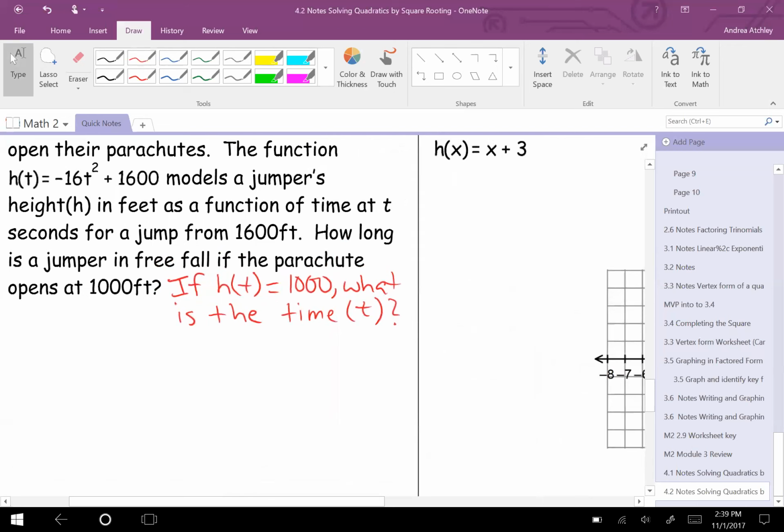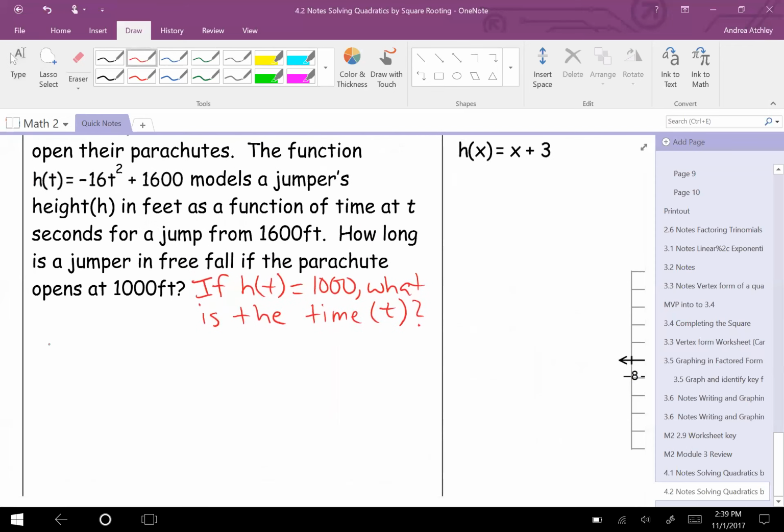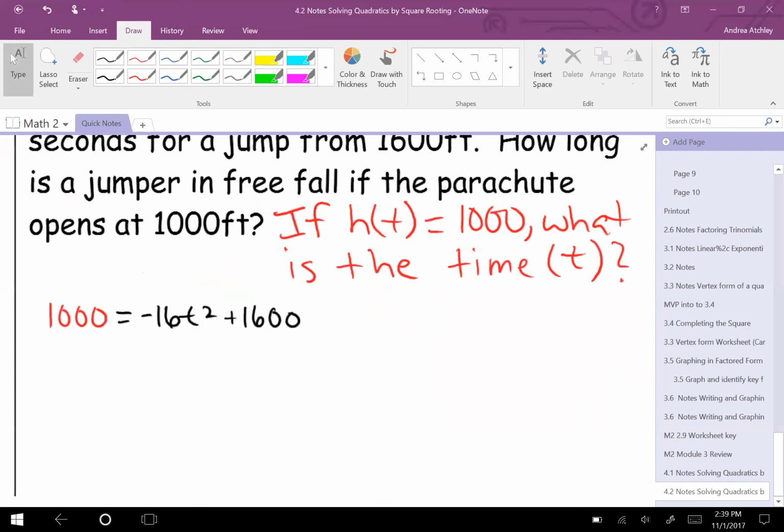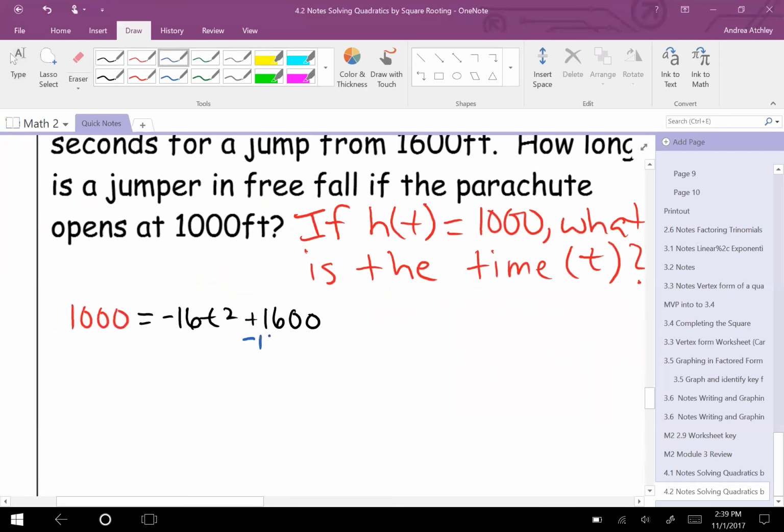So this time, instead of plugging in 0 for h of t, we're going to plug in 1,000. 1,000 equals the negative 16t squared plus 1,600. Okay, we are then going to solve. So I'm going to subtract 1,600. I'm going to get negative 600 equals the negative 16t squared.